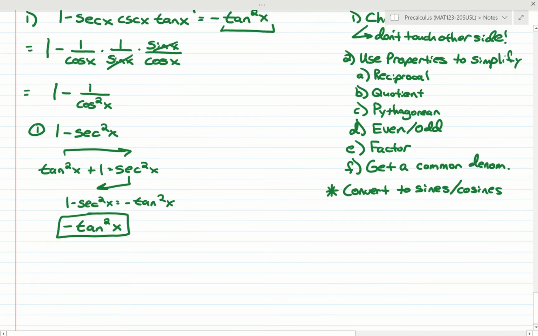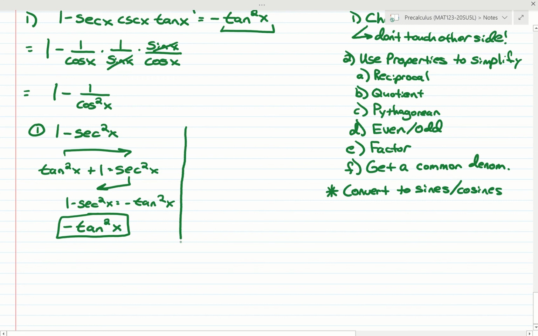A second way to finish this problem is to keep things in terms of sines and cosines. So the second technique would be to go with 1 minus 1 over cosine squared of x, and get a common denominator. So we can multiply the 1 by cosine squared over cosine squared. And you'd get cosine squared of x minus 1 all over cosine squared of x.